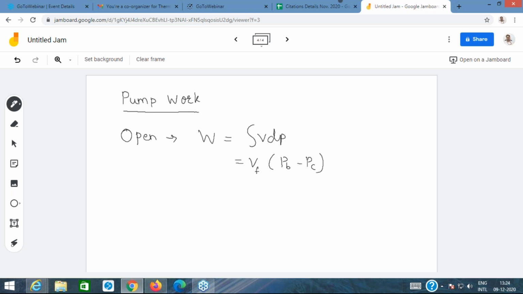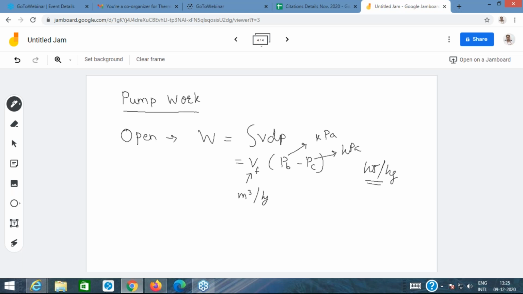Please note this: pressure has to be in kilopascals and Vf has to be in meter cube per kg if I want the answer in kilojoules per kg. I am sure that you are comfortable with the units. If you are not, just revise this.